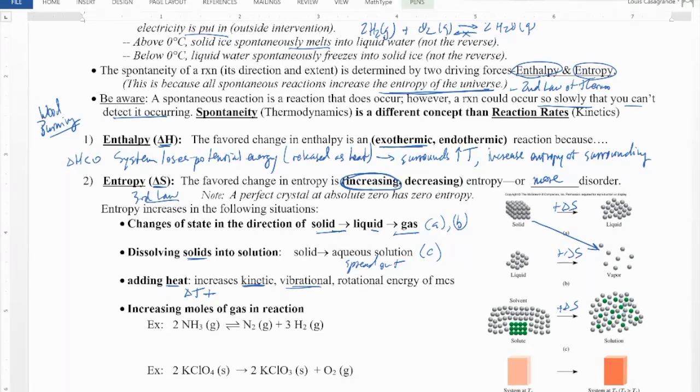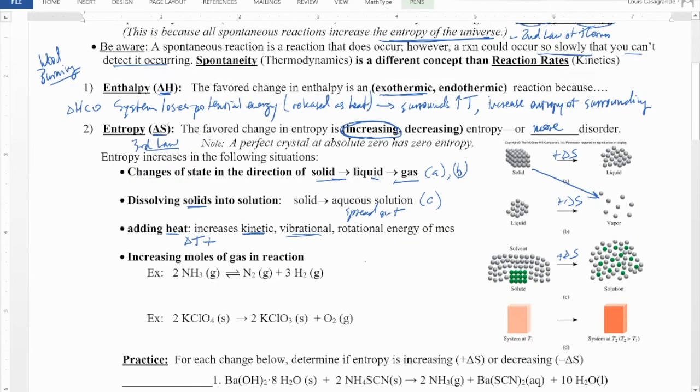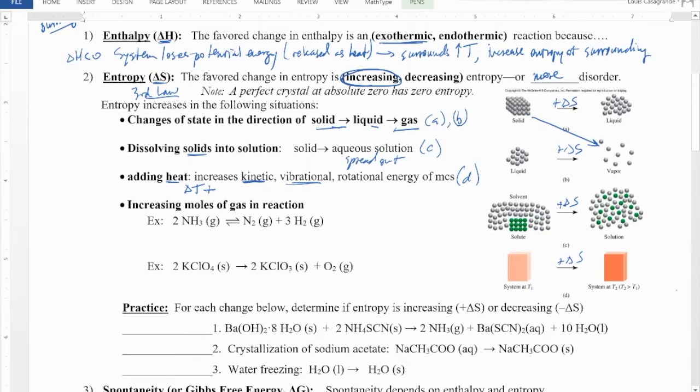Increasing the heat increases all that energy content, and increases the entropy as well. And so that's D down here. So we have a positive delta S all the way along. So we have several ways of looking at just a particular process.